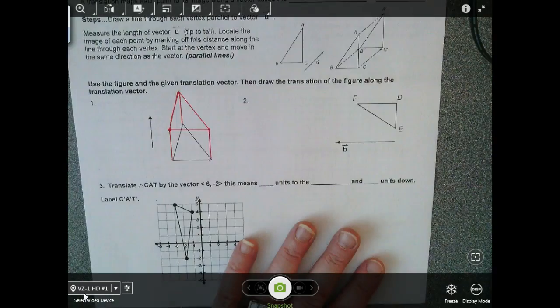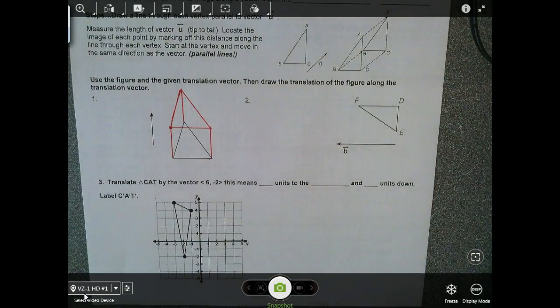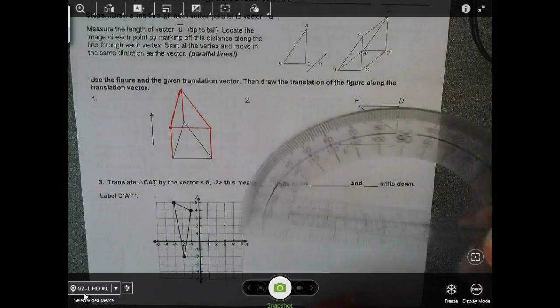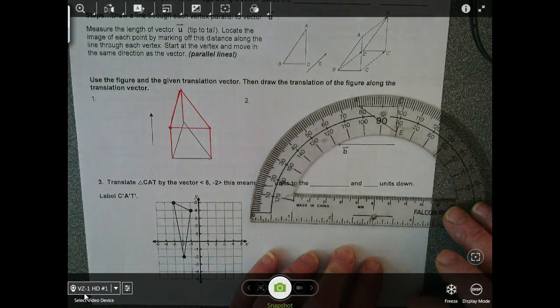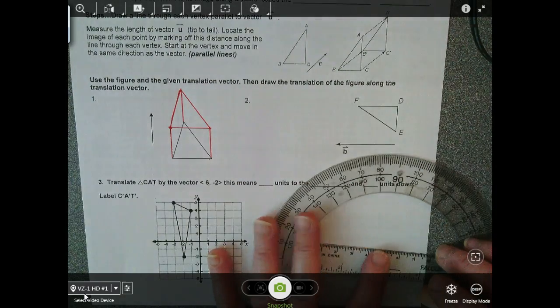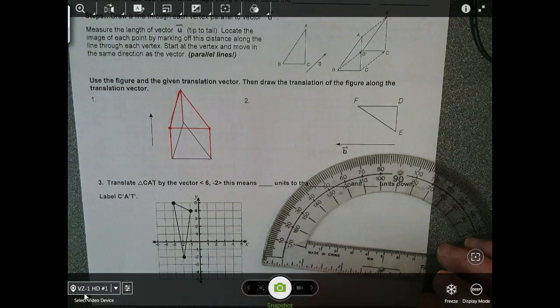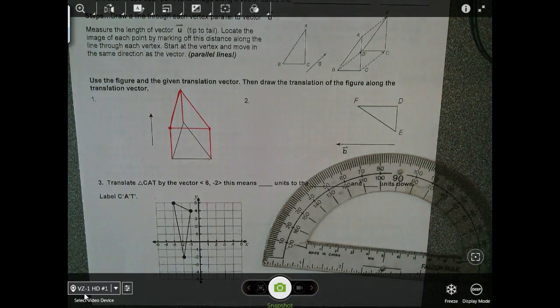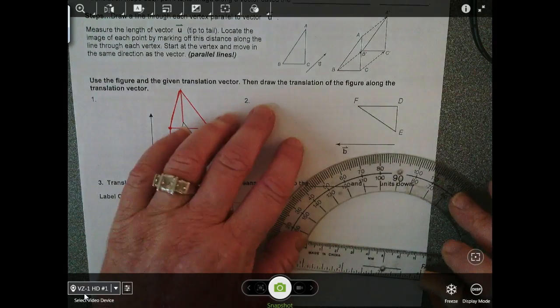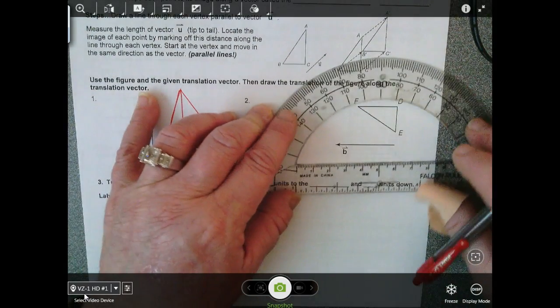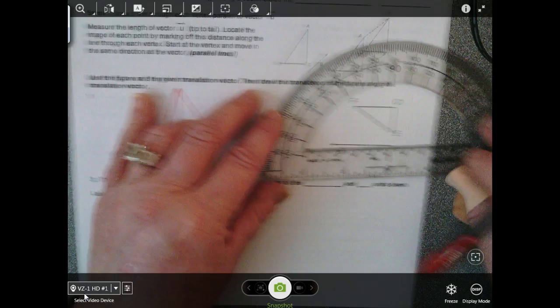Okay. Then we'll look at number 2. Does anybody still need some time for that one? Okay, now we're going to measure this one.